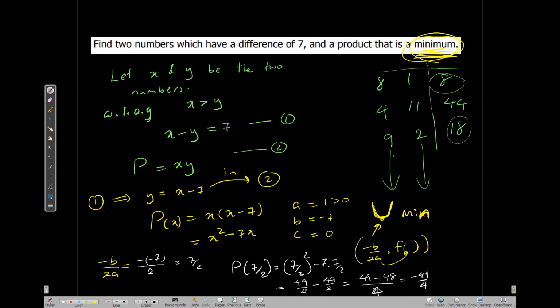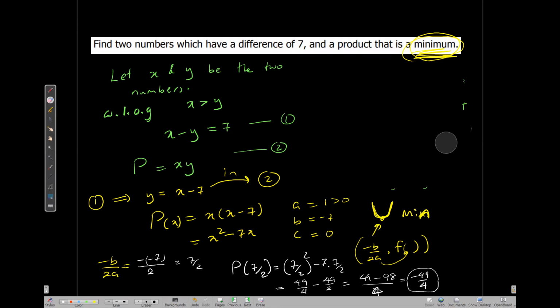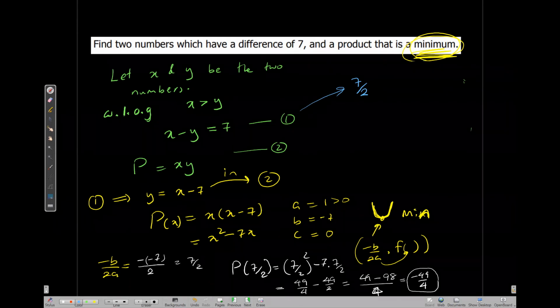So this is the minimum product, and the two numbers that we require are actually, let me write it over here. Two numbers that we require, x we already found 7 over 2, and y, see from 1 from here, if x is 7 over 2, y is actually x minus 7.